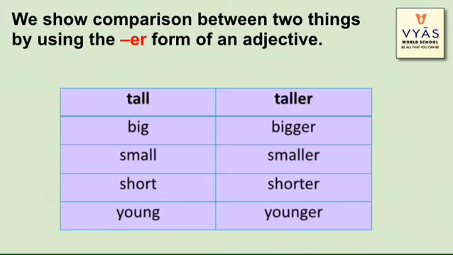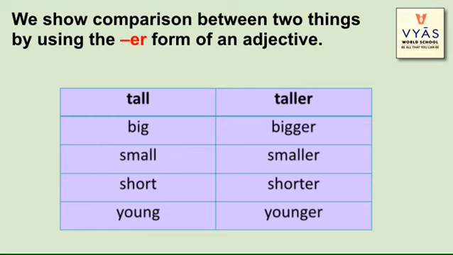So there are certain rules to show the comparison between two things. So let us find out what those rules are. Number one is we show comparison between two things by using the ER form of an adjective, like tall, taller.